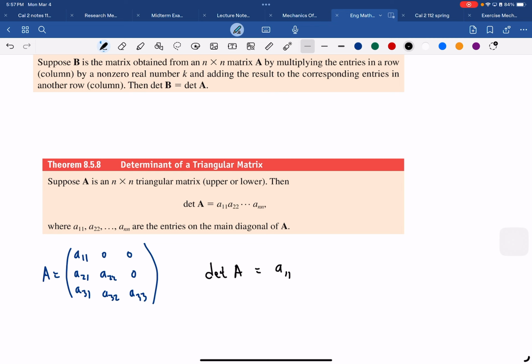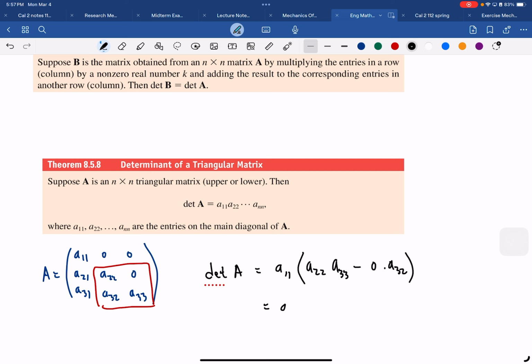The determinant is basically this one here. So this is actually A22 A33 minus 0 times A32, right? But because of 0, we get the diagonal itself. So we just multiply the diagonal. If you have a triangular matrix, the determinant is just the product of the diagonal.